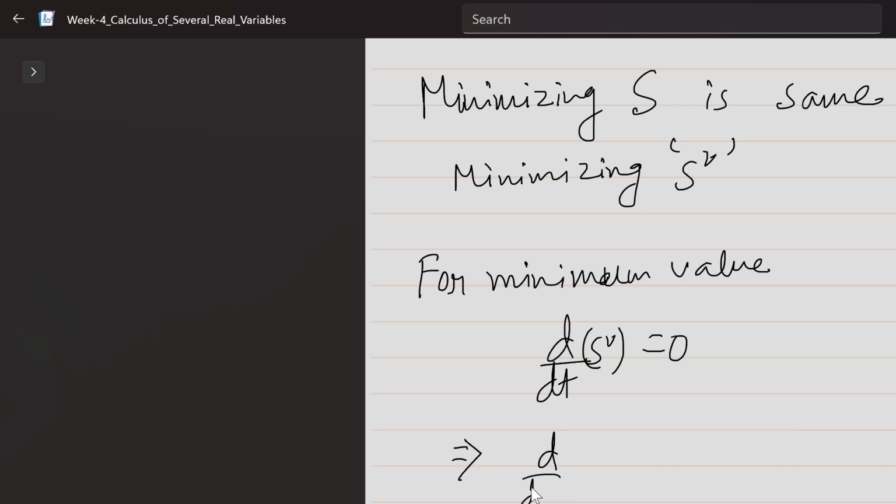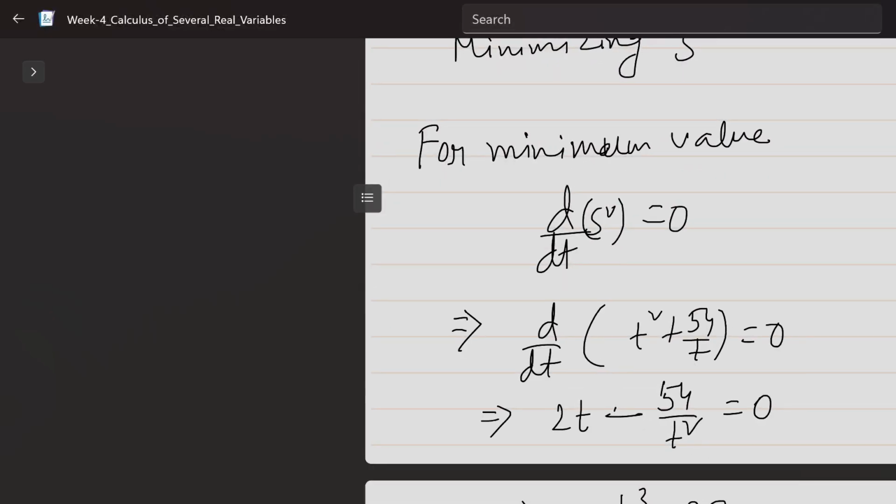So d dt of s square, which is t square plus 54 by t, gives 2t minus 54 by t square equal to 0. So that means t cube equals 27. So t is 3, right?